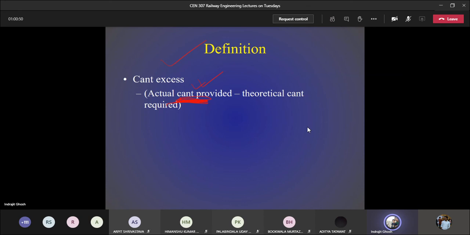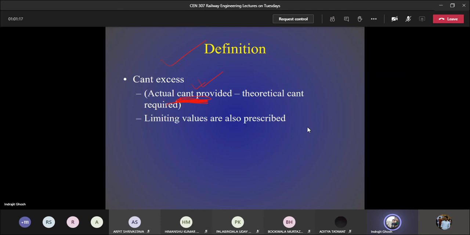Generally it happens when goods trains move on a particular section, so they travel at a lower speed. Many times the cant that is provided on the track is excess for them. So there is a problem for them when they negotiate the horizontal curve. So we call it cant excess.